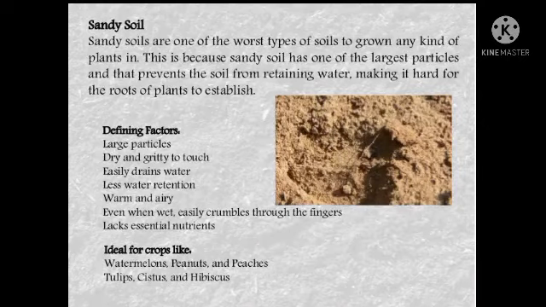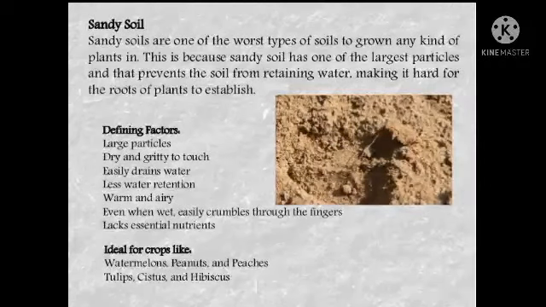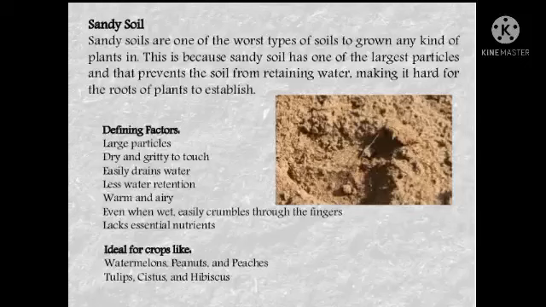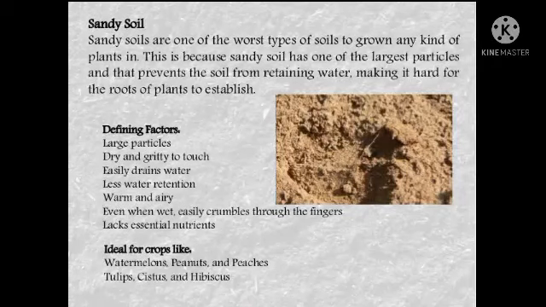The second type of soil is sandy soil, one of the worst types of soil to grow any kind of plants in. This is because sandy soil has one of the largest particles, and that prevents the soil from retaining water, making it hard for the roots of plants to establish.